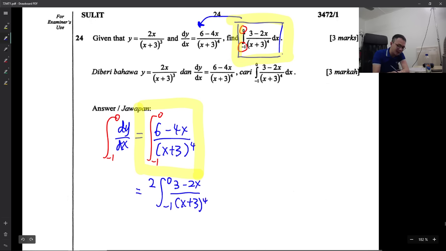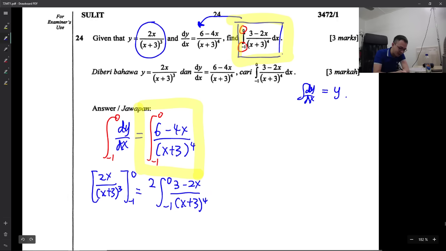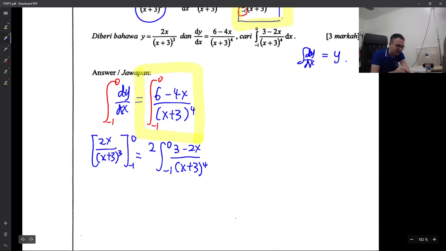And then the other side, integrate dy dx. I say so many times, whenever you integrate dy dx, you're getting y, alright? What is your y equation? Your y is over here, right? So this side, you will get 2x, x plus 3, power of 3, from negative 1 to 0. You don't need to integrate, because you integrate dy dx, you simplify and left with y. So I don't do any integration here.